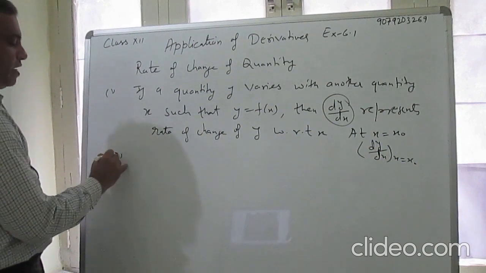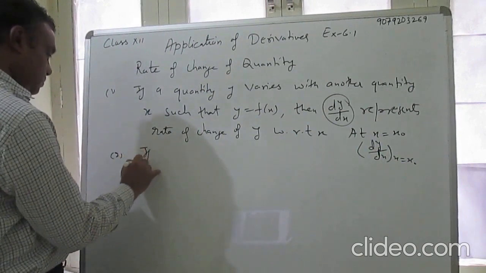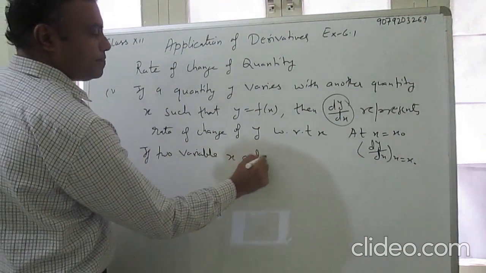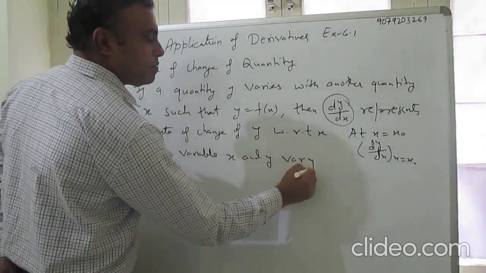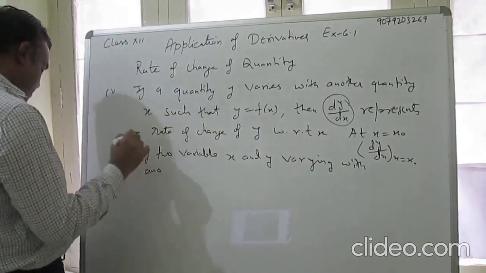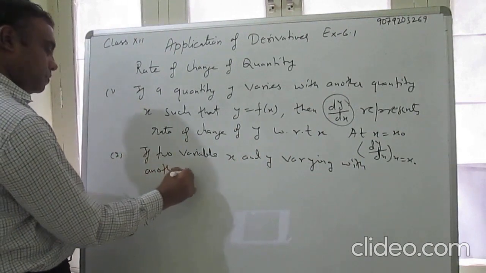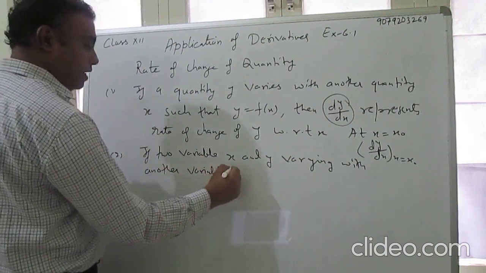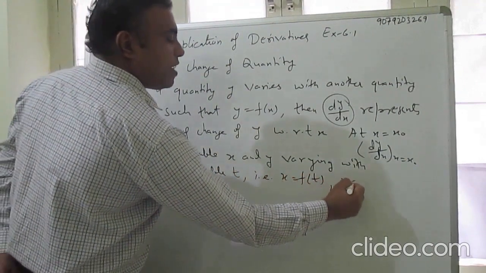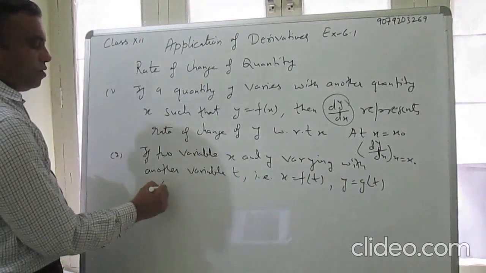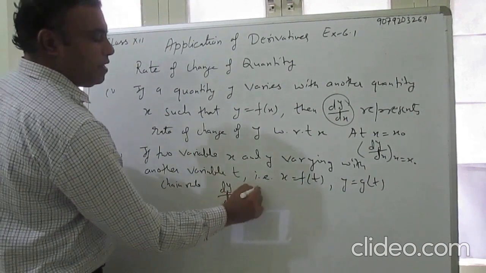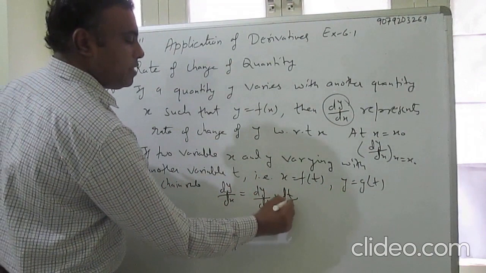Second point, अगर दो वेरिएबल हो तो if two variables x and y are varying with another variable t, that is x is equal to f(t) and y is equal to g(t), then by chain rule dy by dx is equal to dy by dt into dt by dx.